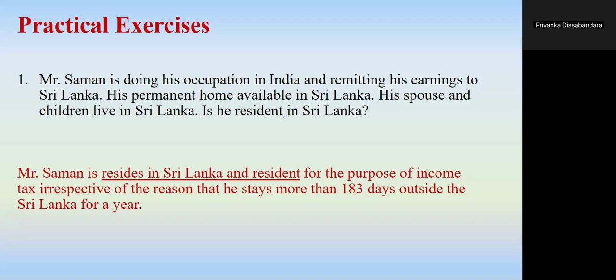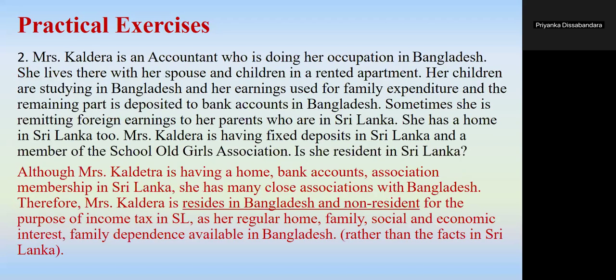But we have to consider the facts. That is why I called it a primary test but a qualitative test. This is also a practical exercise. So if there's a lady, Mrs. Caldera, she is an accountant who is doing her occupation in Bangladesh.